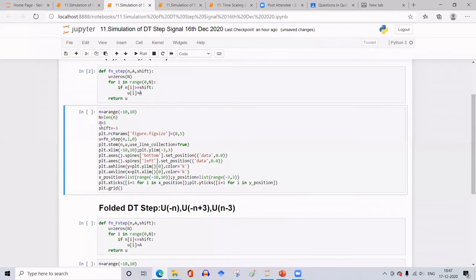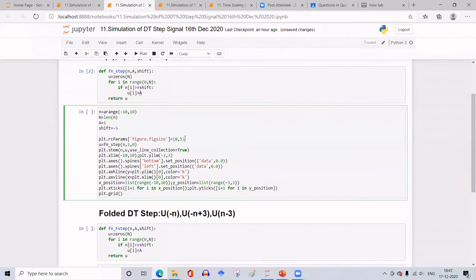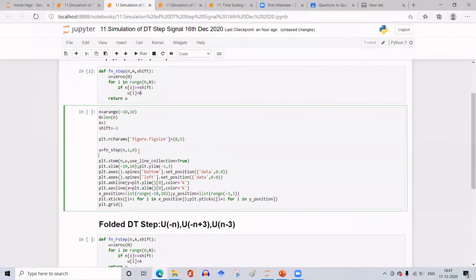So here, after taking care of this n and shift, initially whatever value I give, finally it takes here. Then this rcParams is for figure size adjustment. Then I'm calling this function definition using u equal to fn underscore step of n comma 1 comma 0. That is unit step with shift equal to 0.